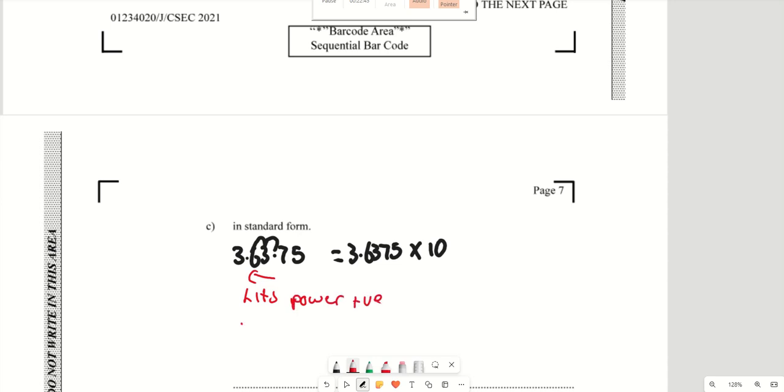And if you had to shift to the right hand side, your power would be negative. Now, obviously, we shifted to the left hand side, so our power would be positive, and the number of places we had to shift was only 2, so it would be positive 2. If we had to shift it 3 places, it would be positive 3, right? Again, if you go to the left hand side, your power is positive, and if you go to the right hand side, your power is negative.